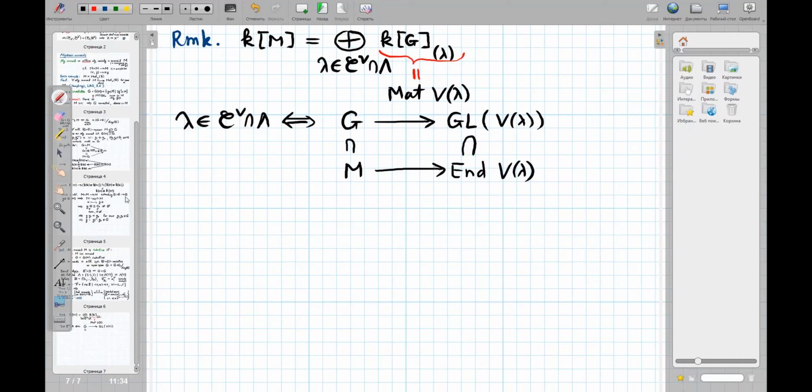In other words, the coordinate algebra of a reductive monoid is spanned by the matrix entries of those representations of G which extend to M. Okay? This is a precise description of this coordinate algebra. And now how can we describe these matrix entries?